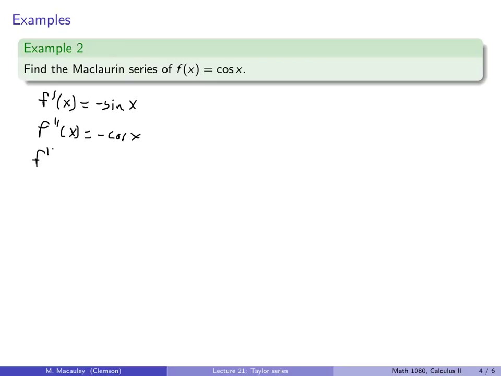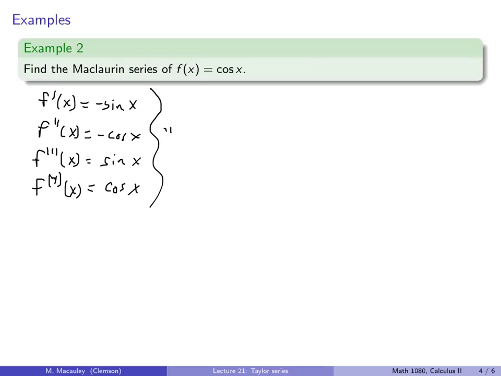The third derivative is positive sine. And the fourth derivative is cosine again. And then this thing repeats. So this is going to cycle.